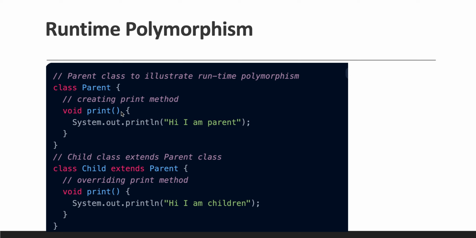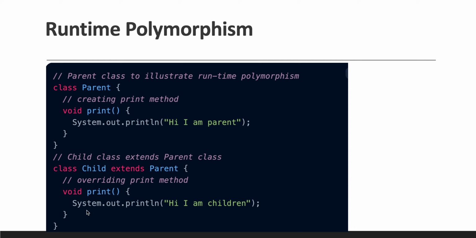Here we have defined a print method with some functionality, and the child class, which extends the parent class, also has the same print method with the same signature, void print, and some definition. The definition is different in both classes, but signature wise both methods are the same, right? Here we have implemented the parent class as "hi I am parent", and here the definition is "hi I am children".